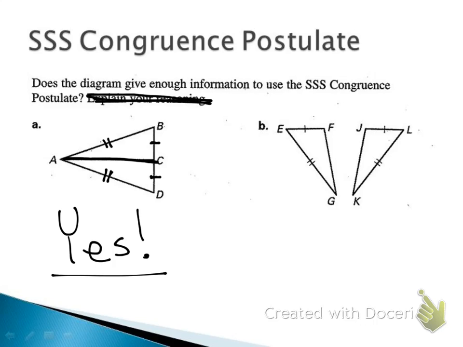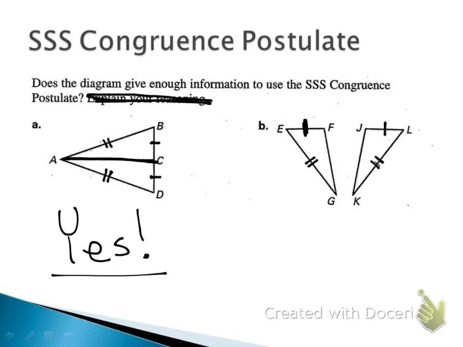Now look at the next one. Do I have a side that matches up with EF? Yeah, JL, right? Do I have a side that matches with EG? Yep, this guy. Now, do the third sides match?